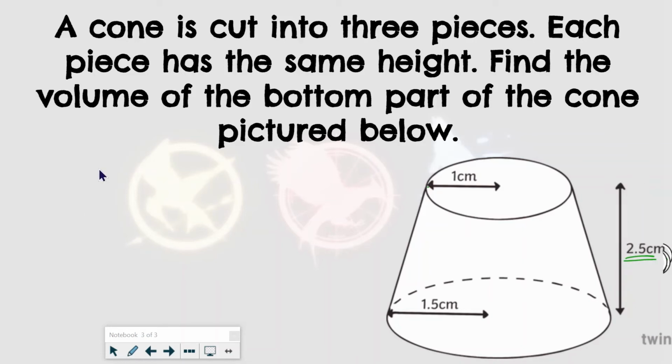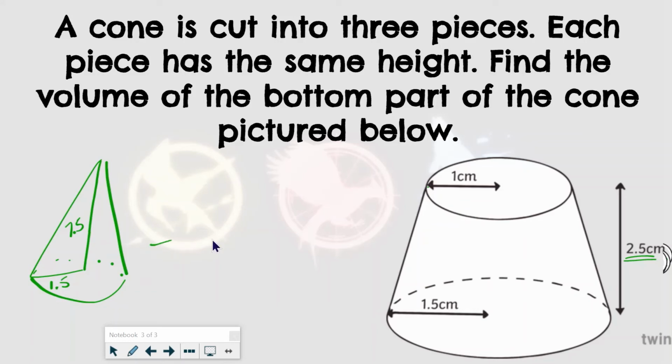So I know the full height of that cone when it was intact was 3 times that size, or 7.5. And the radius at the bottom there, that's 1.5. The cone that got cut off the top, so I'm going to really just find the volume of this cone and subtract the volume of the cone that got taken away.